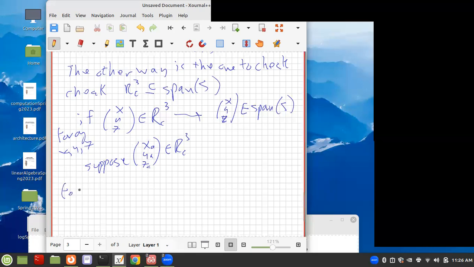Suppose for arbitrary x_a, y_a, and z_a. Then what you have to show is that this vector (x_a, y_a, z_a) is a member of the span of S. Okay?